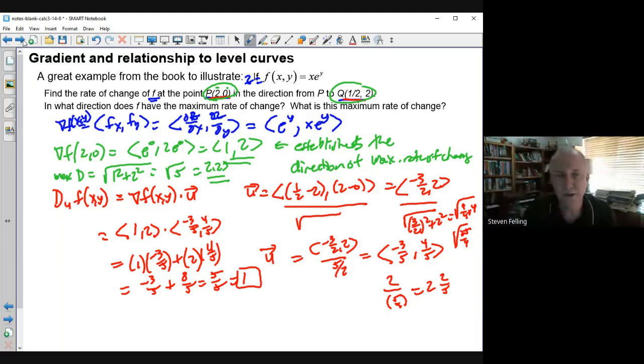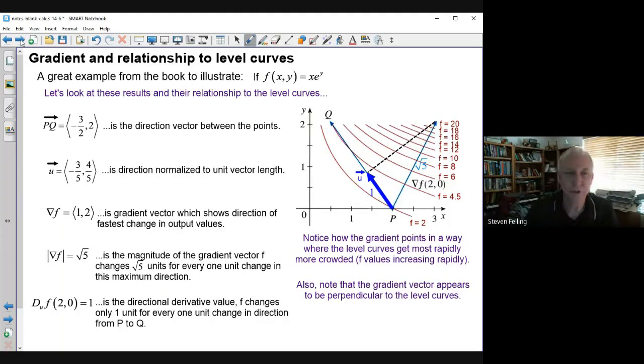All right, just to kind of see some pictures of this, the book has some nice illustrations. First of all, here is a level curve drawing of this function on the xy plane. There's a surface above here, and this shows the level curves flattened down onto the xy plane. So these are for different values of f.